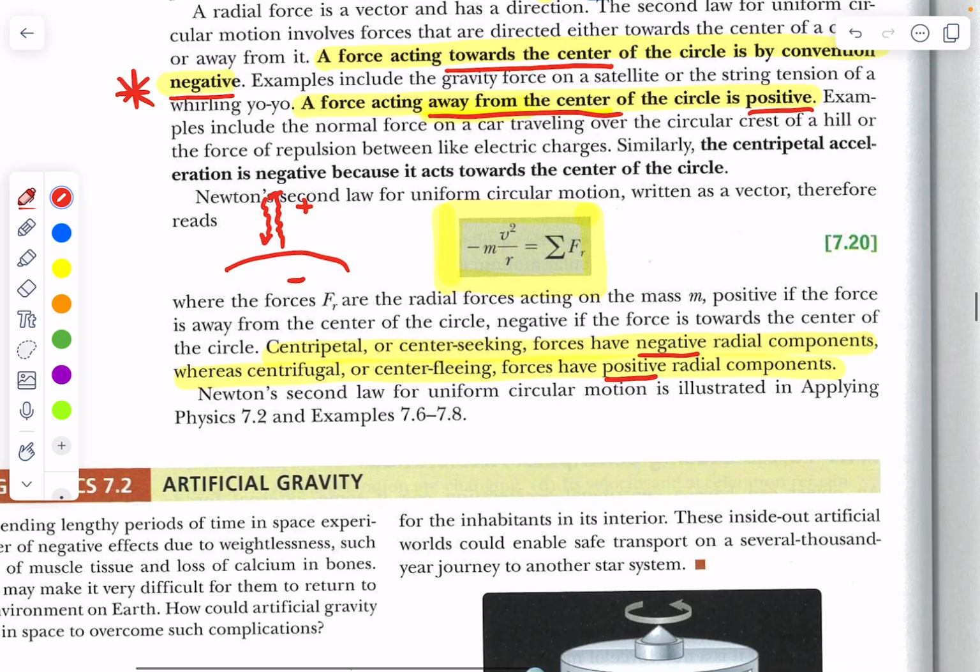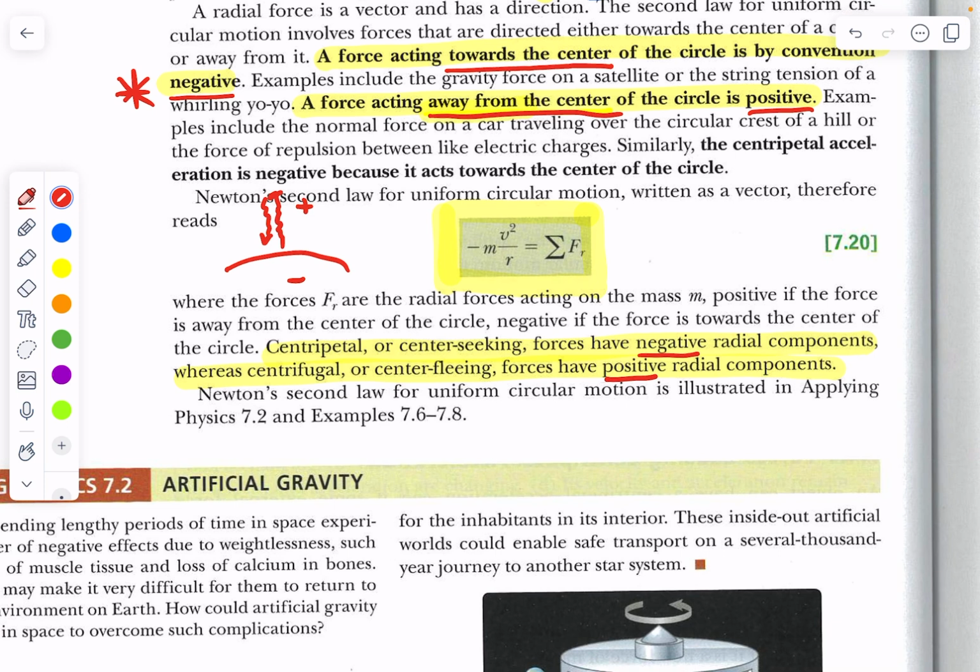In any case, whenever centripetal force, be it tension, be it gravity, be it friction, whenever the centripetal force is the force keeping an object in its curved path, therefore there is centripetal acceleration. It is the unbalanced force.